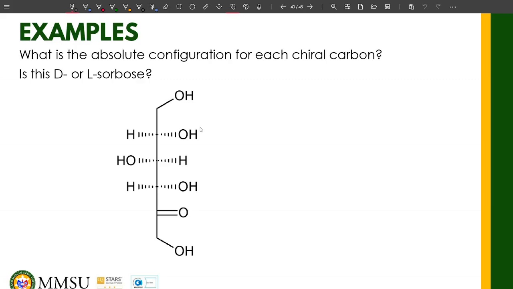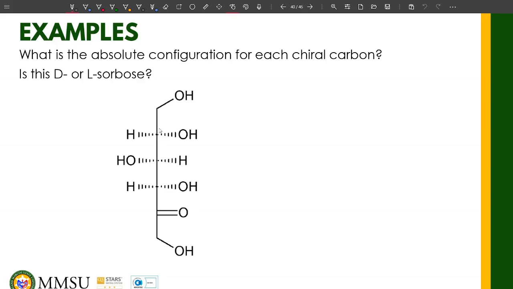So, for sorbose, it has 1, 2, and 3 chiral carbons only or chiral centers. But the problem here is, yung C double bond O mo is nasa ibaba. And we have conditions na kapag Fischer projections, dapat nasa taas yung C double bond O. And also, yung mga horizontal units niya is directed outwards, or in other words, directed towards you.